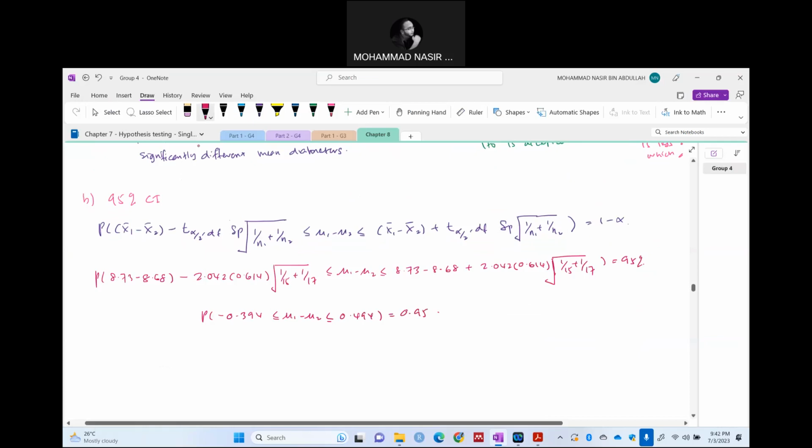So since zero is included in the interval, the null hypothesis is accepted. So it means that there is no difference between mu1 and mu2.